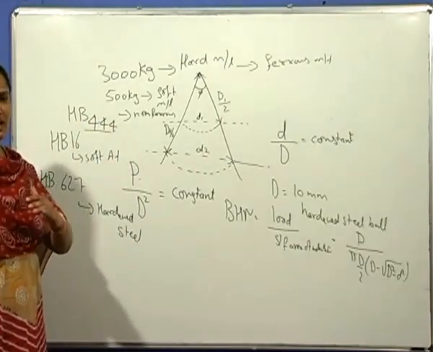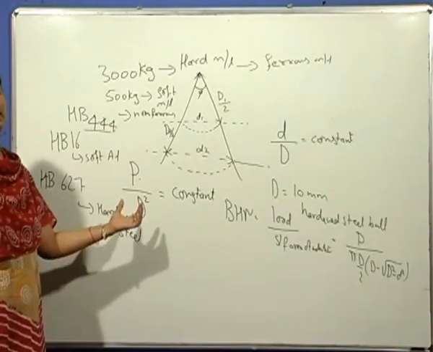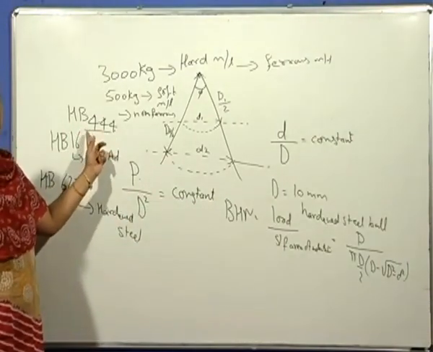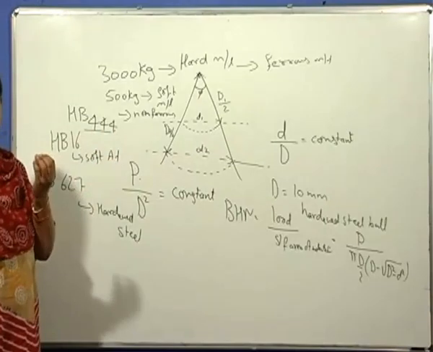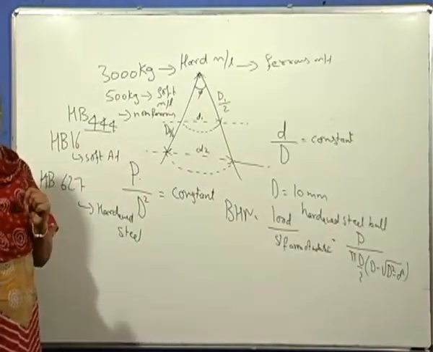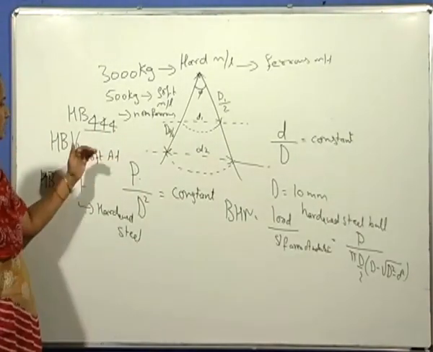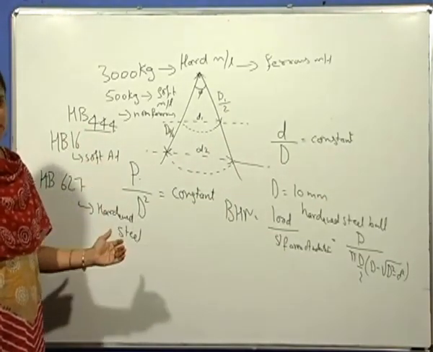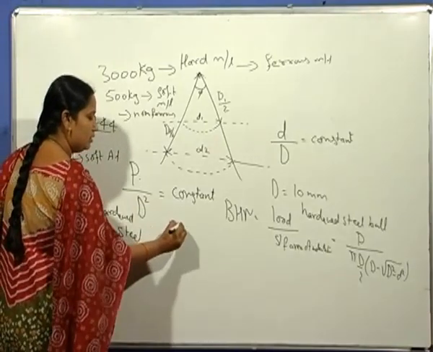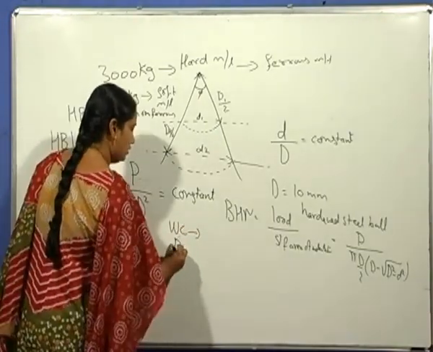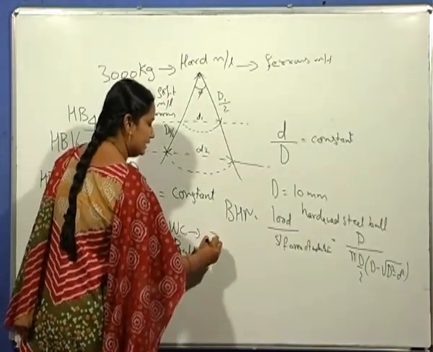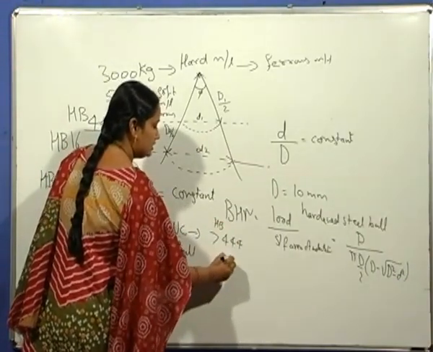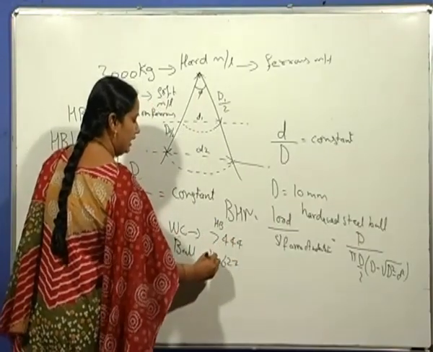When testing very hard materials, the same indenter cannot be used for hardness greater than 444 because of the flattening and distortion of the steel ball. For hardness values greater than this, a tungsten carbide ball is used. So tungsten carbide ball is used for hardness values greater than 444 up to 627 Brinell hardness.